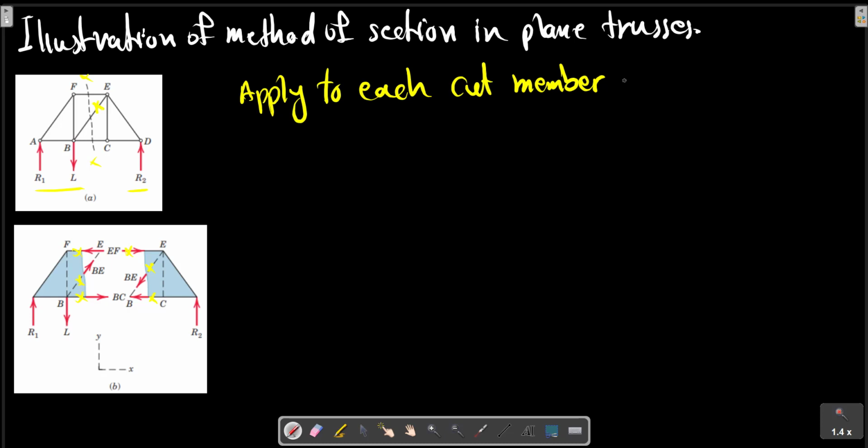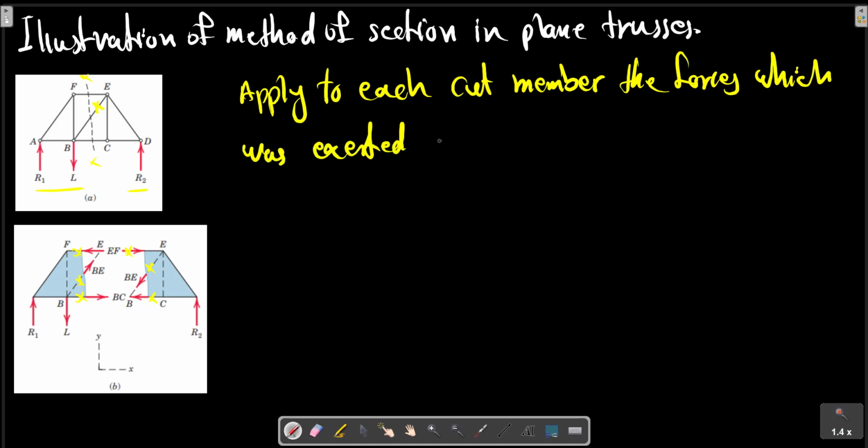Apply to each cut member the force which was exerted on it by the member cut away.